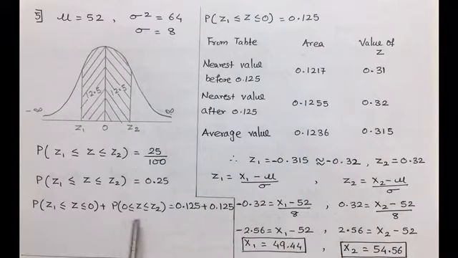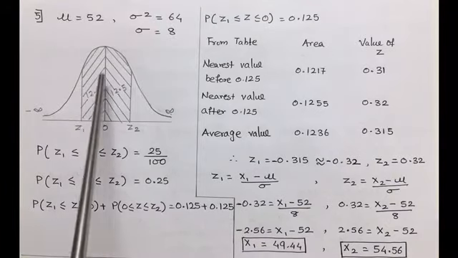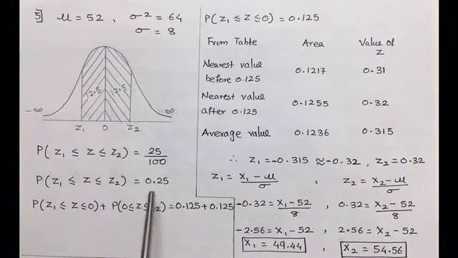So they are broken till 0 and added. So each side will take 0.125 plus 0.125. Exactly, we have to make it half of 25. That is, 0.25 is half 0.125 and 0.125.